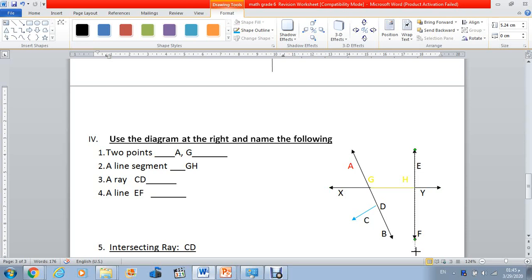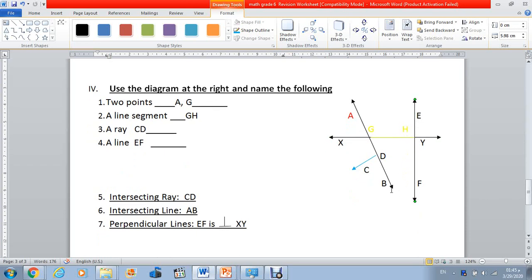Because if you elongate this line and elongate this one as well, just keep drawing it, they are going to meet here.